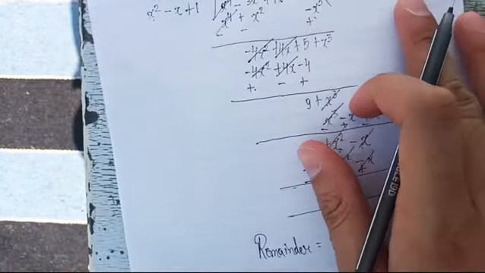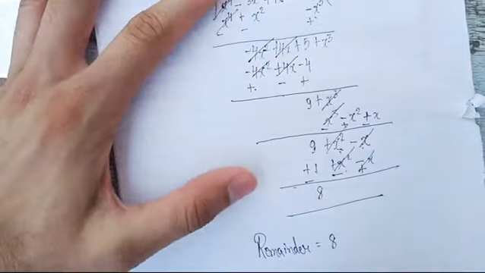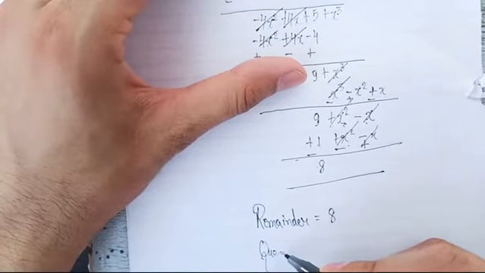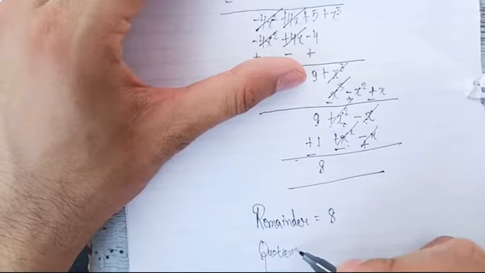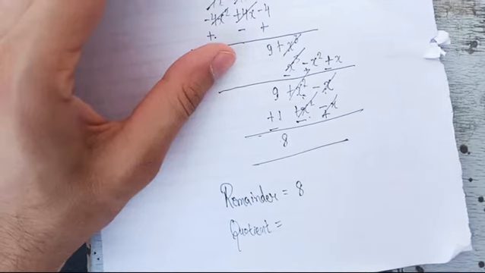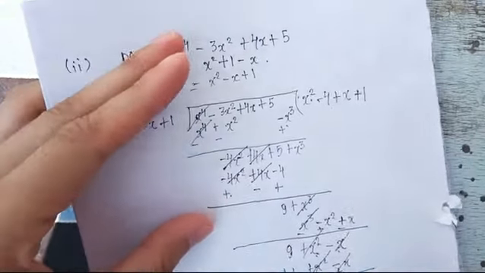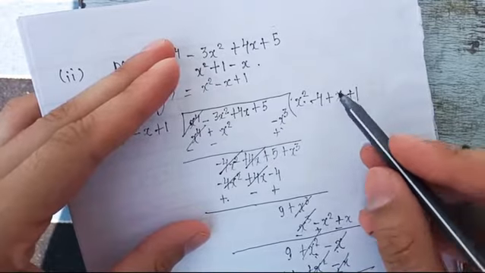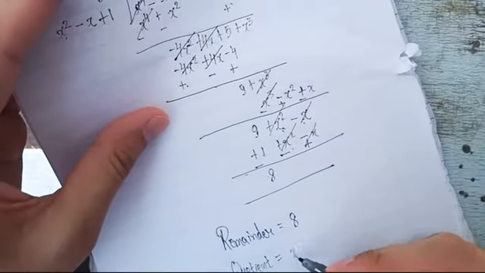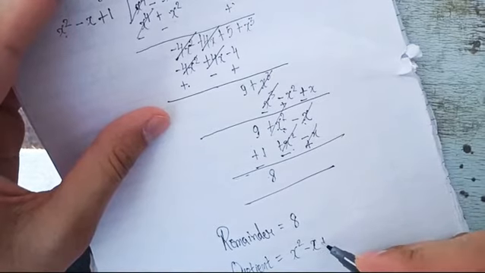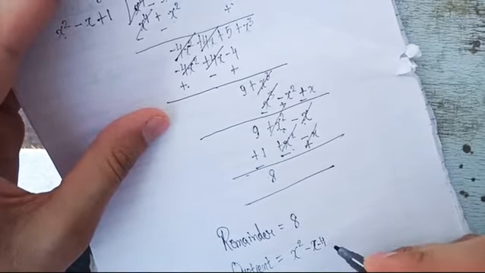And what will the quotient be? Quotient will be equal to x square minus 4x plus x plus 1. So it can be further simplified, right? We can write it as x square minus x minus 4 plus 1.